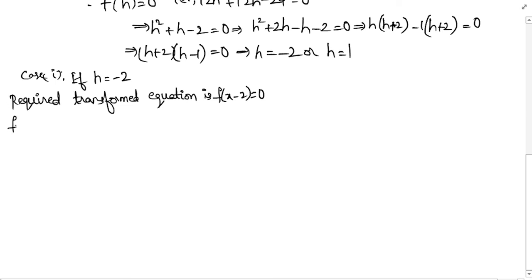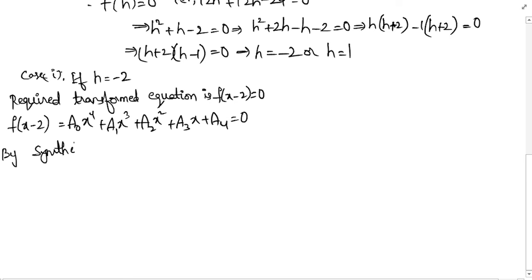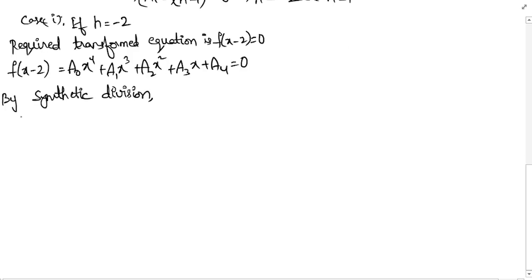Okay, so f of x minus 2 is equal to a0 x power 4 plus a1 x cube plus a2 x square plus a3 x plus a4 is equal to 0. So by synthetic division 1, 2, minus 12, 2 and minus 1.